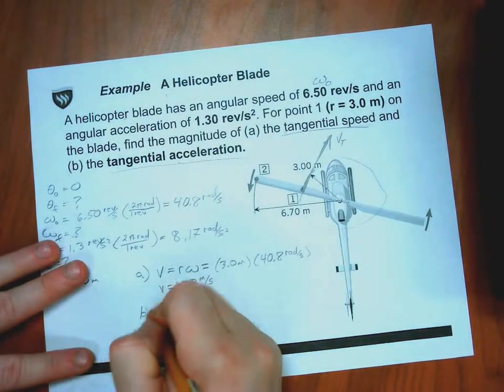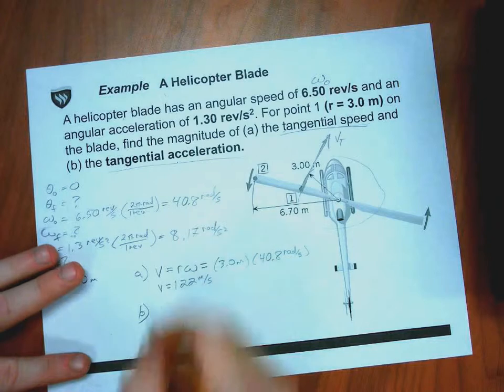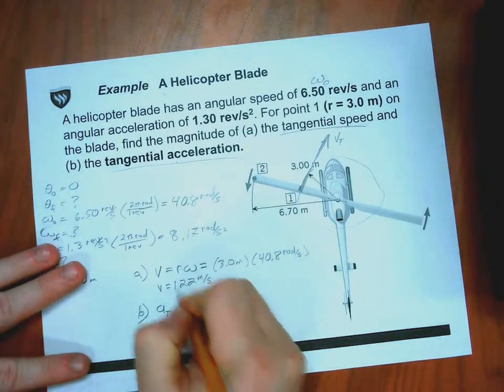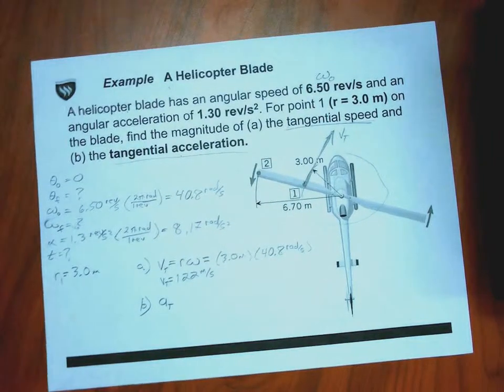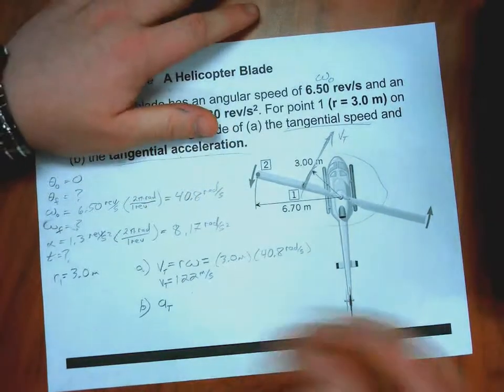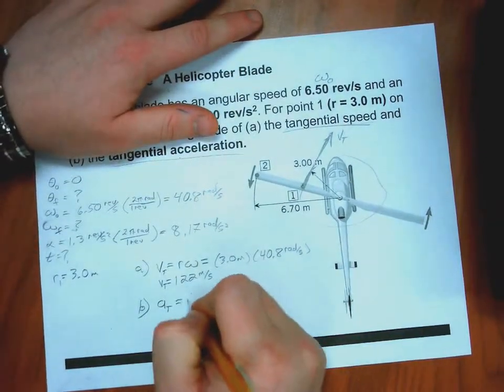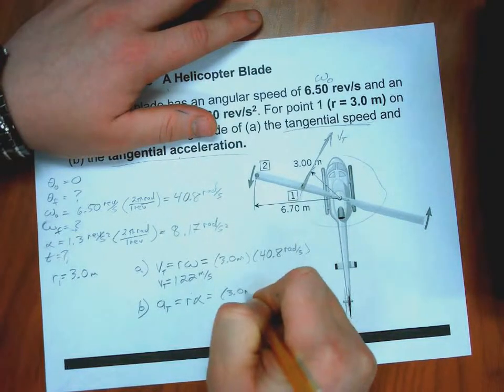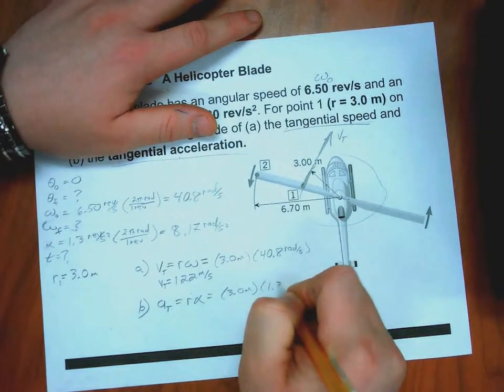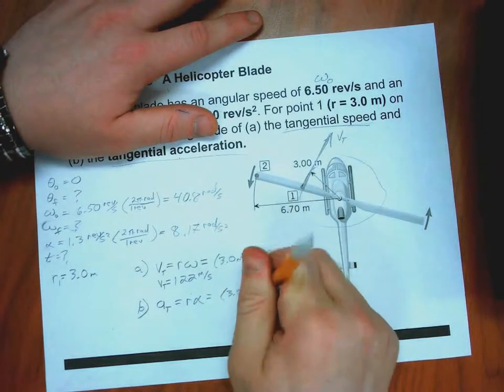Part B asks for what is the tangential acceleration. I guess I should put subscript t's there. Although you know the difference between tangential and angular because one is a Greek letter, one is a Latin letter. But anyways, that is R alpha, so 3.0 meters times 1.3. That's revolutions.